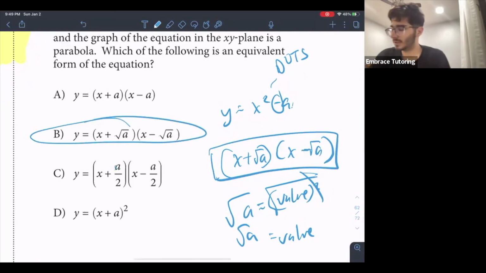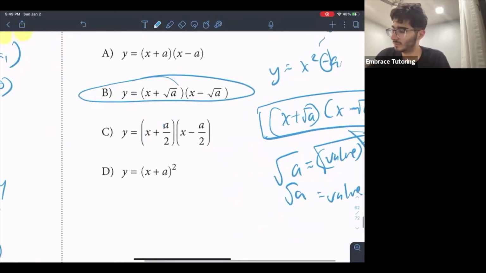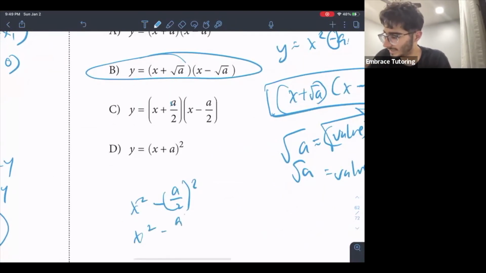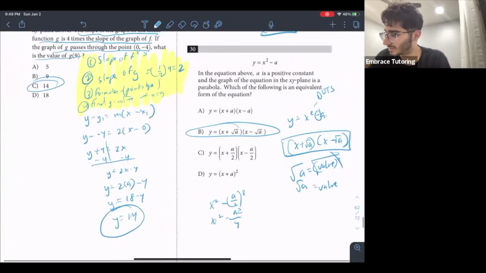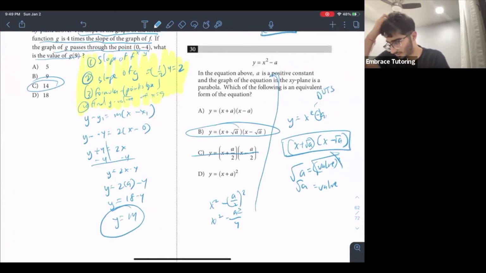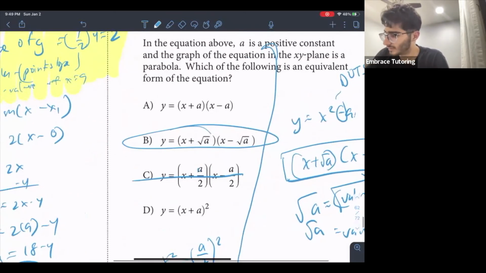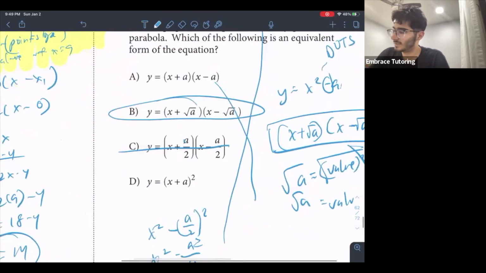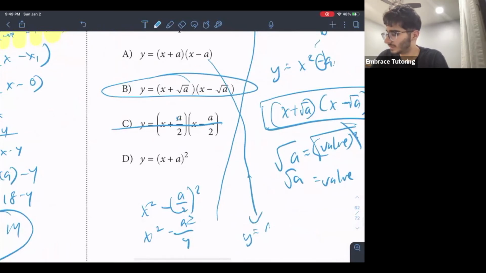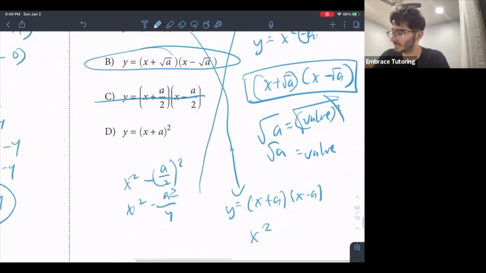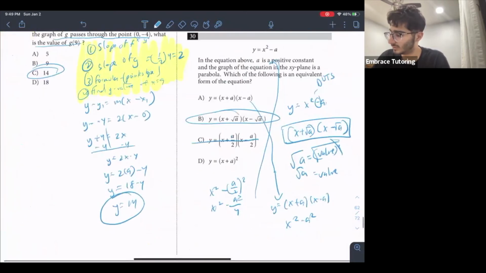This wouldn't work because if you do the difference of squares for this one, it would be x squared minus (a over 2) squared, which is x squared minus a squared over 4, which does not match up to this. That's wrong. This is not right because (x plus a)(x minus a) is basically x squared minus a squared, which is also not right.